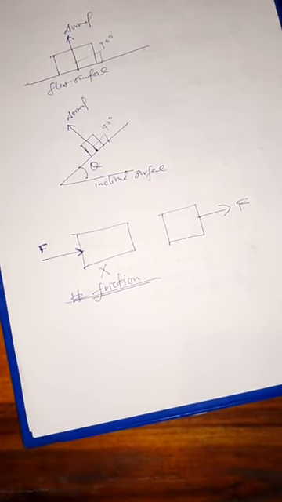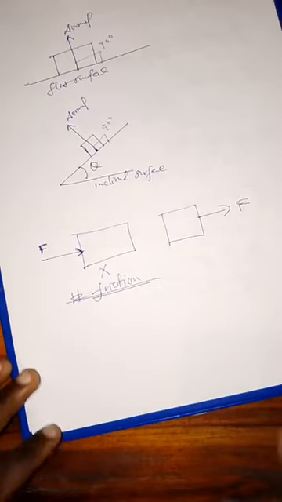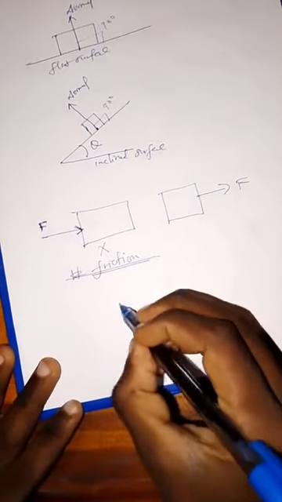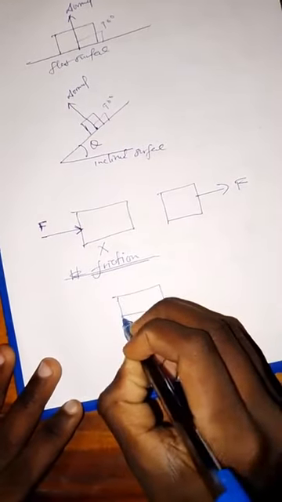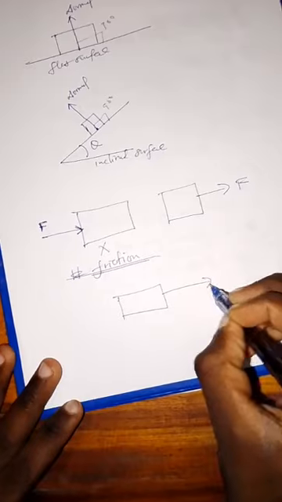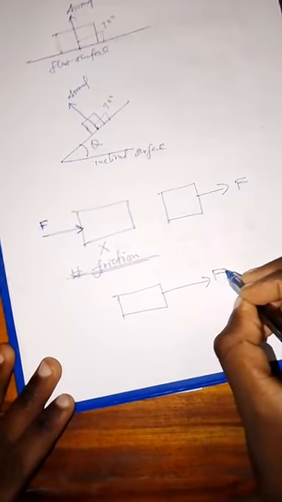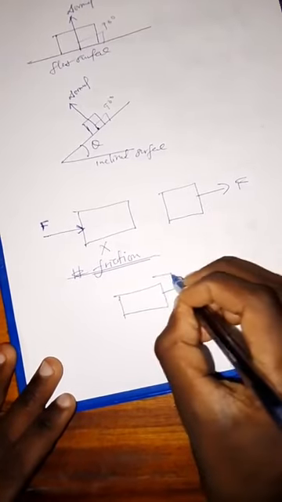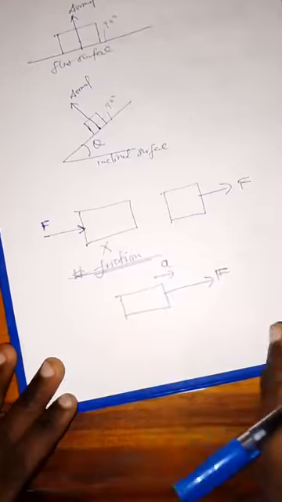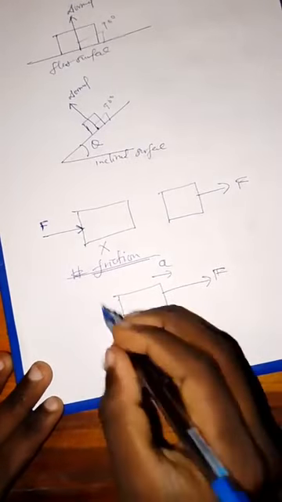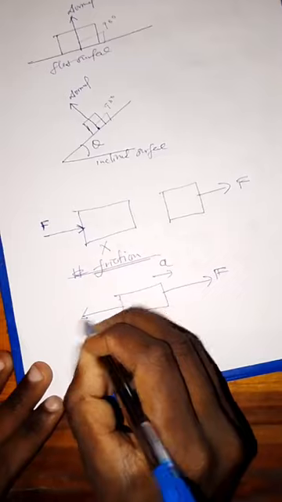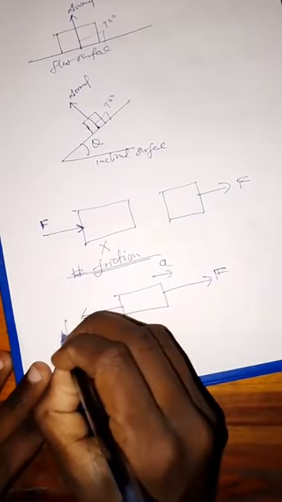That's the opposition. Let's have this object. The force is going in the right direction, meaning the acceleration is on the right. Now the friction will oppose the motion, so the friction is going this side. That is the friction.